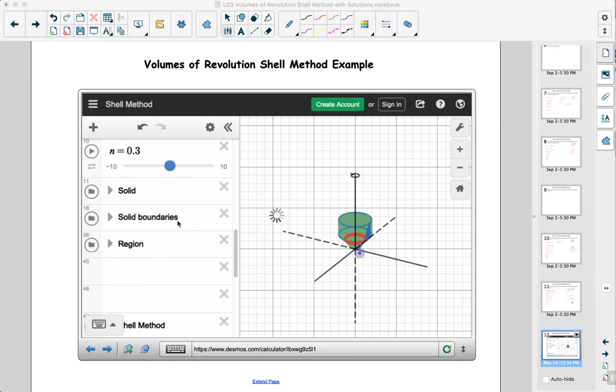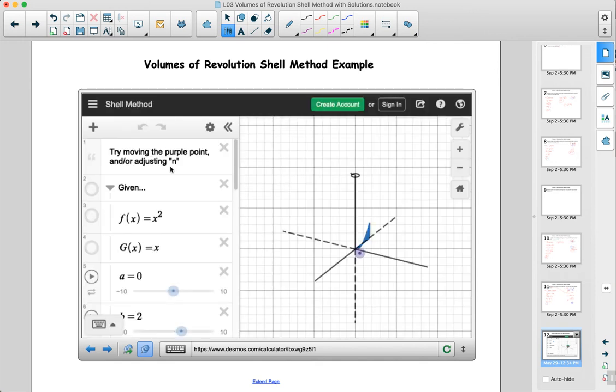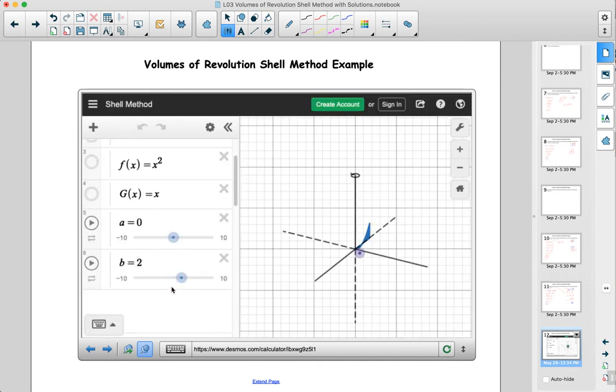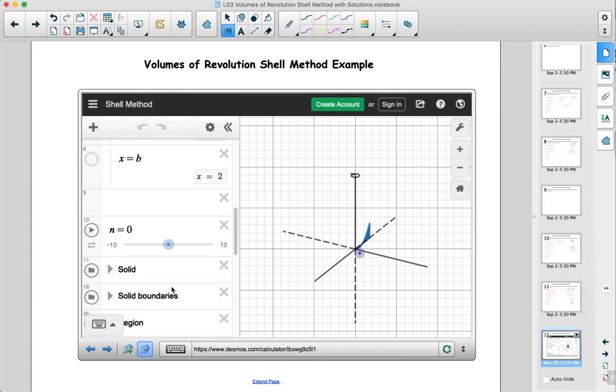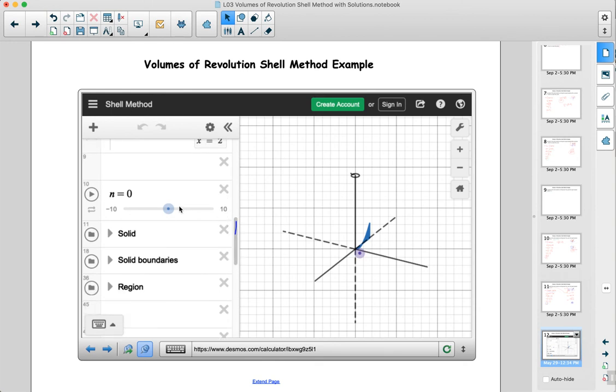Let me see if I can get this to work over here. This is just showing you. I need to go a little bit. Whoops. Just want to show you how the shell method would work.